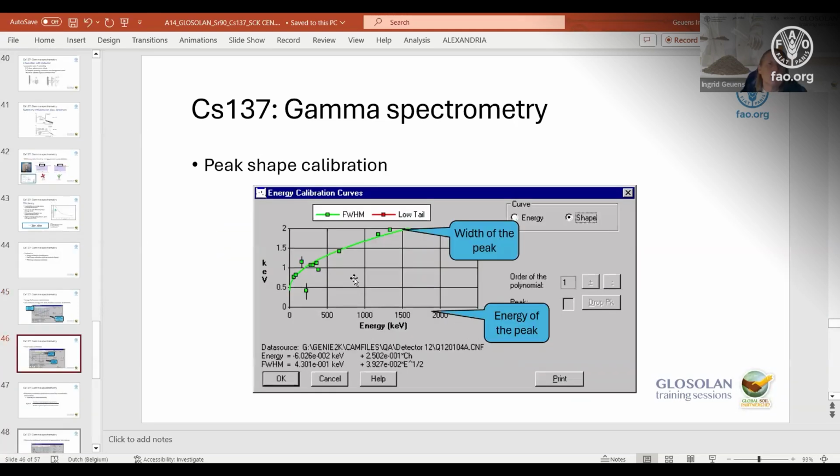The peak shape calibration is more about the full width and the tail you have. It's important to have a look at the shape and the background of your material.